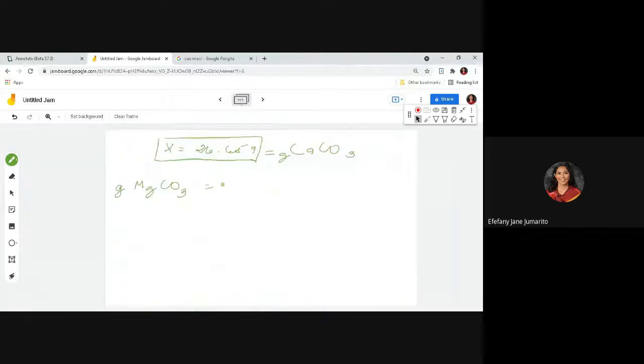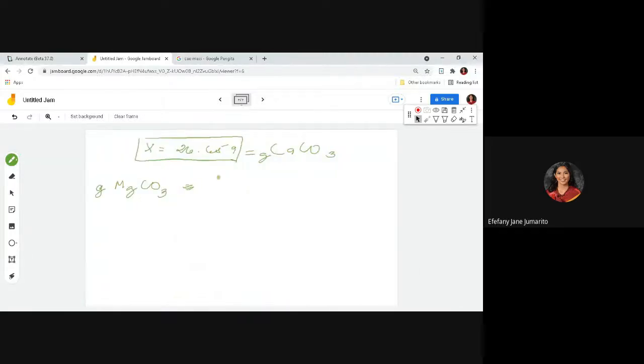So we have magnesium carbonate is 100 minus the x. So that is 100 minus 26.659. Your magnesium carbonate is equal to 73.341, ma'am. Okay, so that is MgCO3.